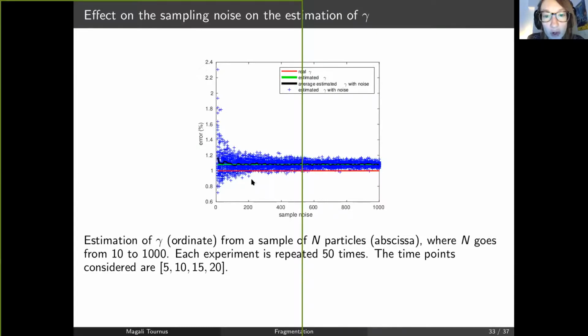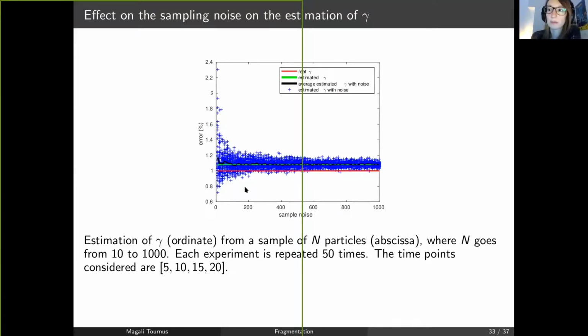Then from this reconstruction, we try to get the estimated gamma. You see that you can obtain all the points in blue, and if you average them, you obtain the curve in black. What we can say from this plot is that if we make an error of 10% on gamma with the complete distribution, with 200 particles, we have an error of maximum 20%.